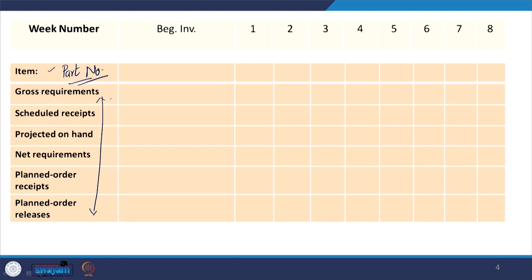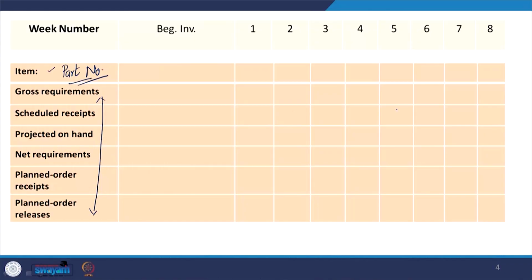What is the gross requirement? What are the scheduled receipts? Because when you are starting your work, some orders are already placed, we assume in that way. So, when are those orders going to be received, in which particular period: first, second, third, fourth, fifth, sixth, seventh, eighth?